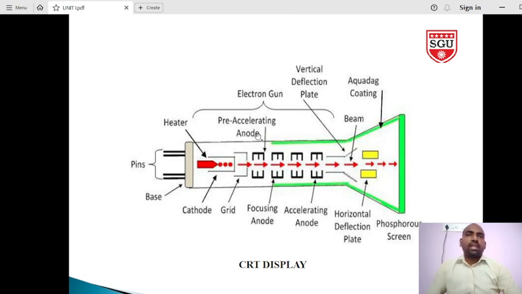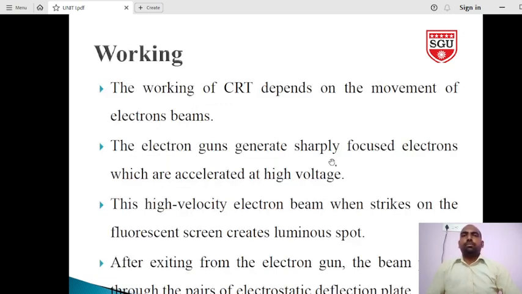Then there is the pre-accelerating anode, and after that the vertical deflection plate. The beam generated is accelerated at high speed, travels through the horizontal deflection plate, and strikes the phosphorus screen, and then the display is generated.